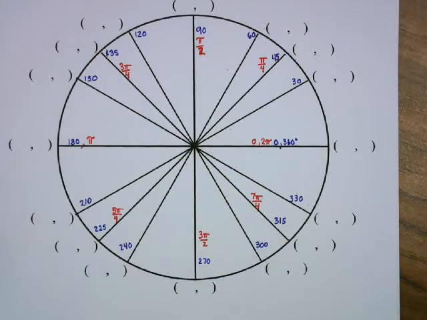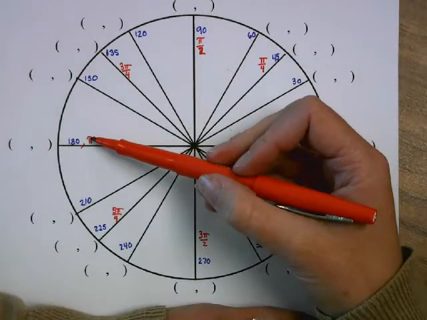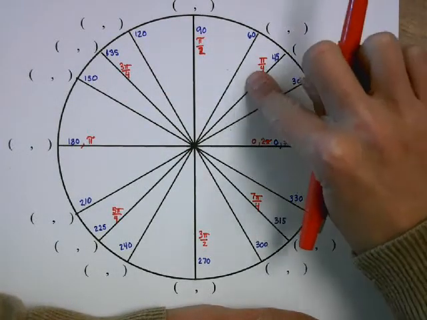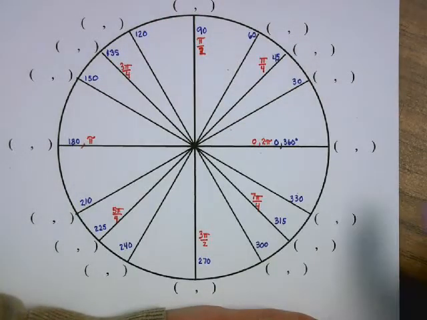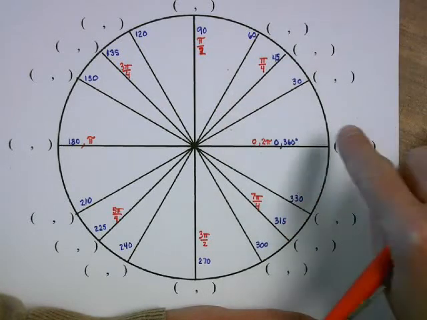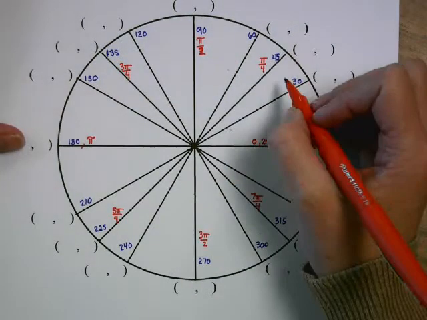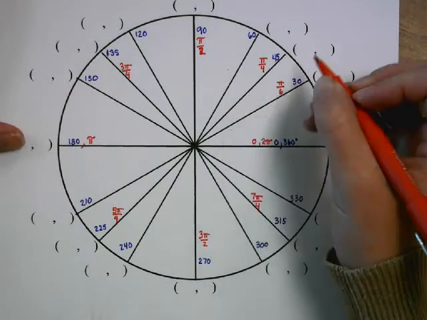Then we're going to go into the 30-degree ones. So looking at the top half of the circle here, the top half of the circle is pi. And I have 1, 2, 3, 4, 5, 6 equal slices, ignoring the 45s here. So each of the 30s are pi over 6. So this distance here is pi over 6.